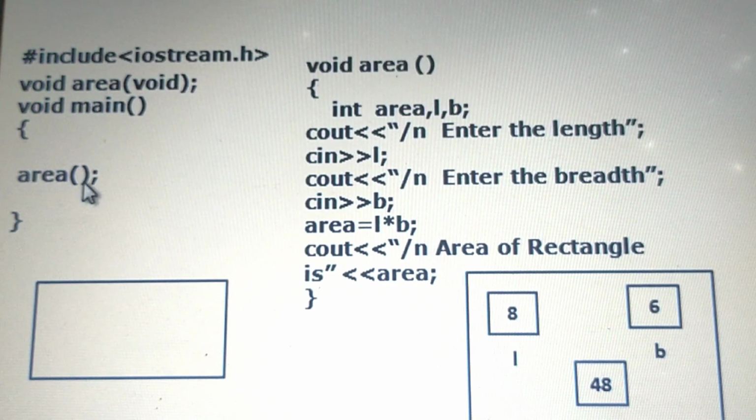When the compiler reaches here, first it will search the function defining section and declare section. It will check whether the function name in the declare section and the defining section match or not, whether the function return type matches, the area function name matches, and the parameter list matches. The number of parameters should be in the same order and the same number.